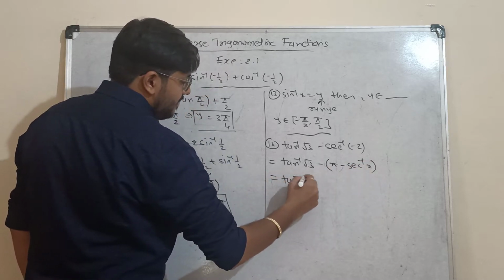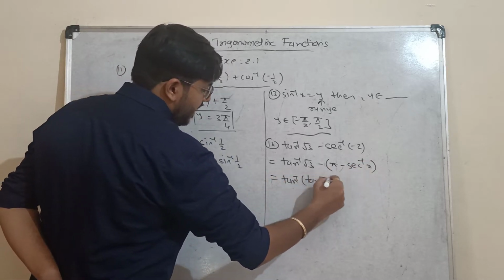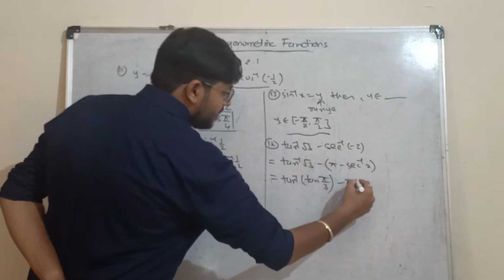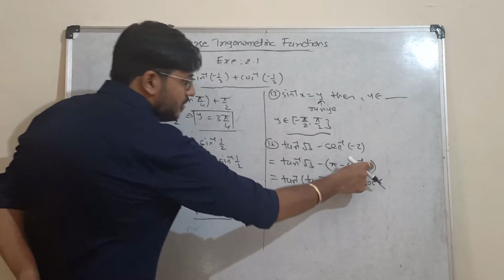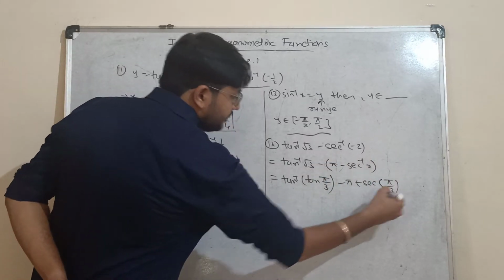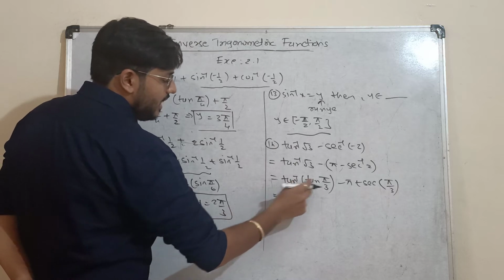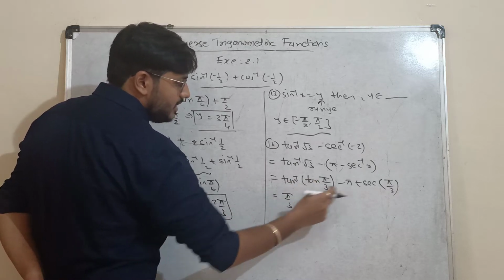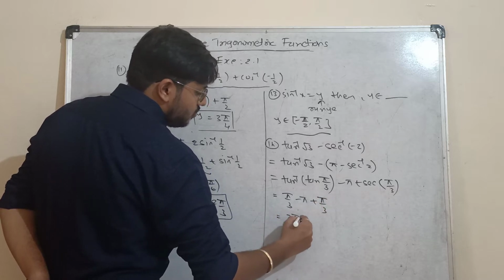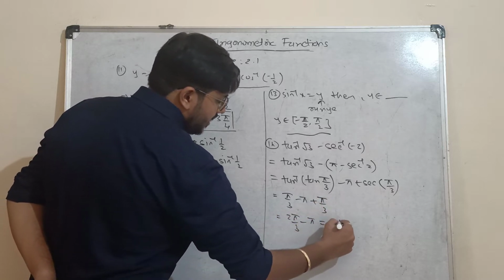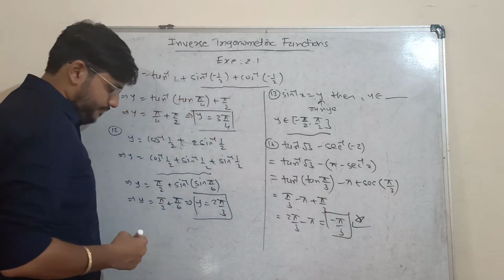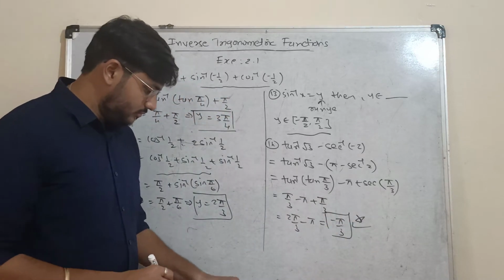So now root 3 can be written as tan of pi by 3 minus pi plus sec inverse of 2, that is equal to pi by 3 again. Okay. So now tan inverse and tan cancel, which is pi by 3 minus pi plus pi by 3. So 2 pi by 3 minus pi, and the answer is minus pi by 3. This will be your answer.